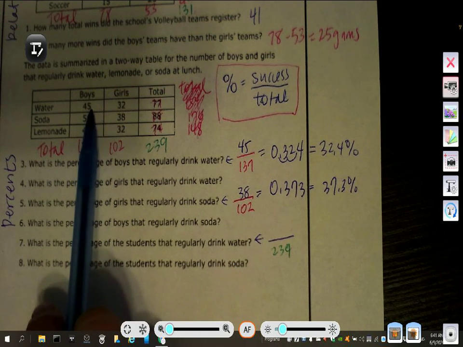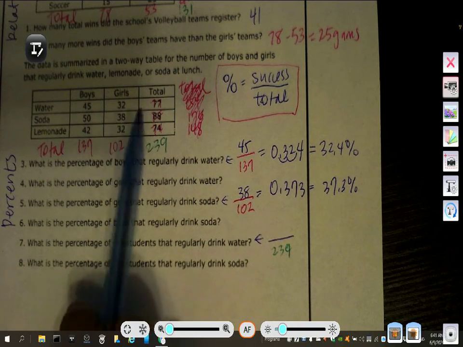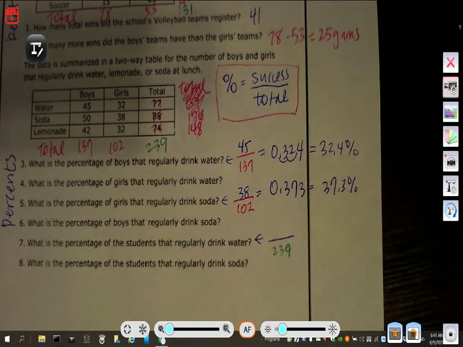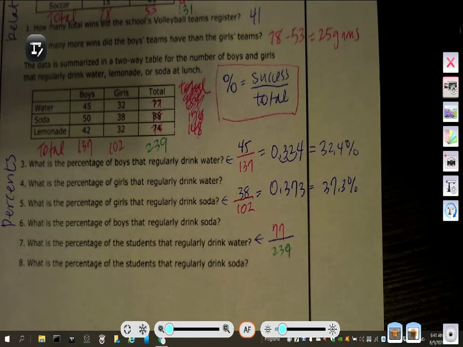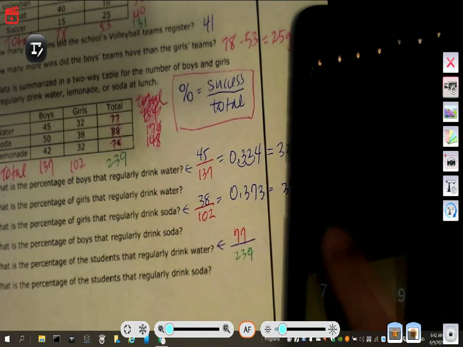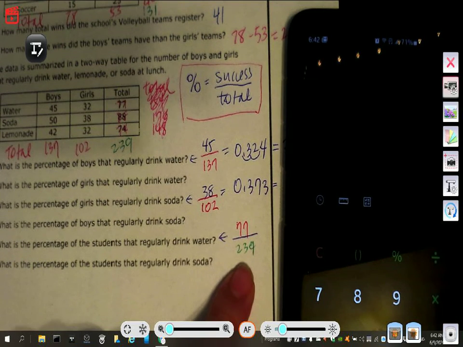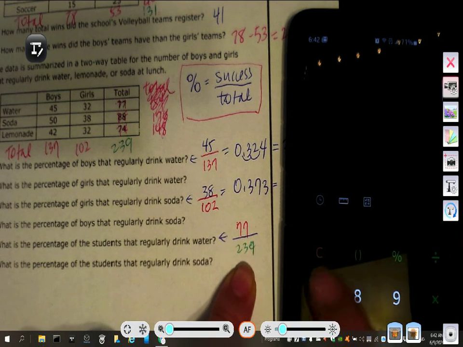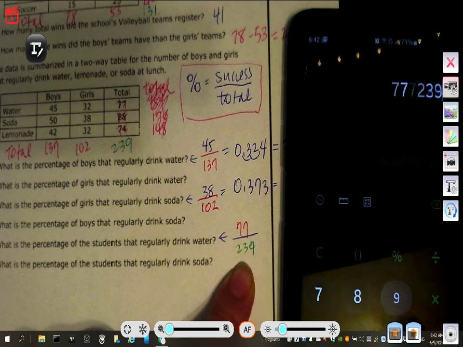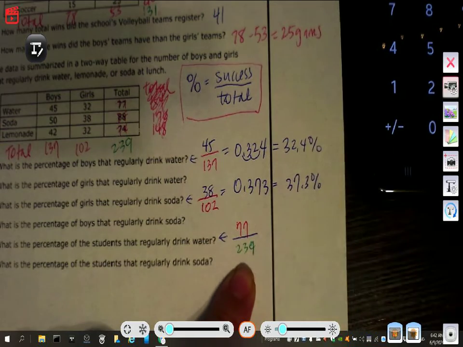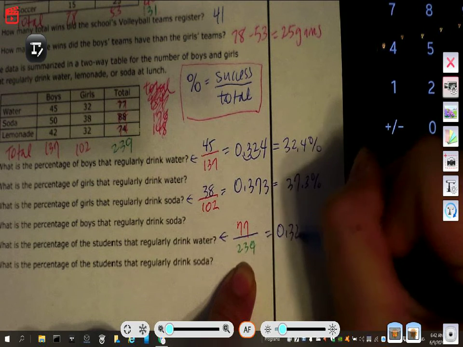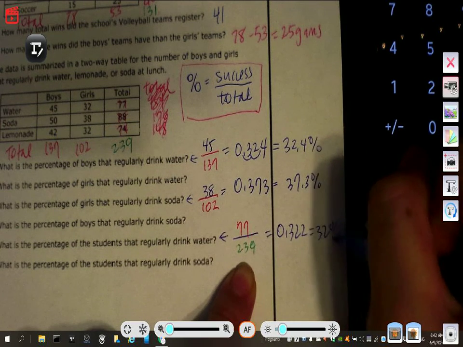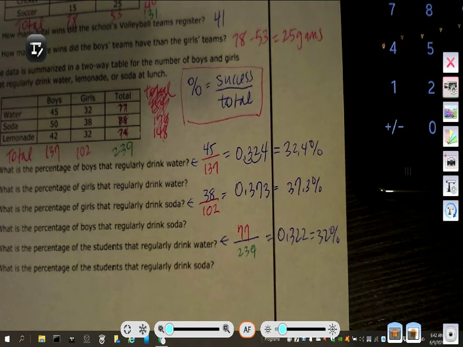Aren't I talking about the number of boys and girls that drink water? Looking at the total over here, I have 77 people between boys and girls out of the whole class of 239. So 77 divided by 239 is about 0.322, so maybe 32%.